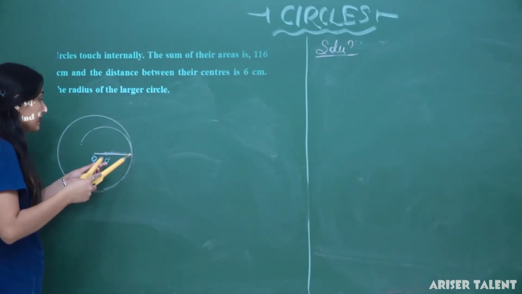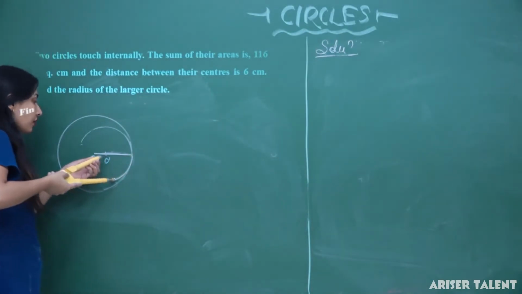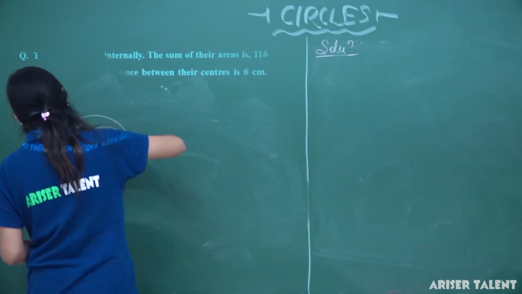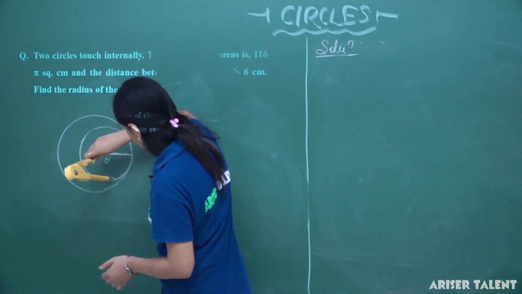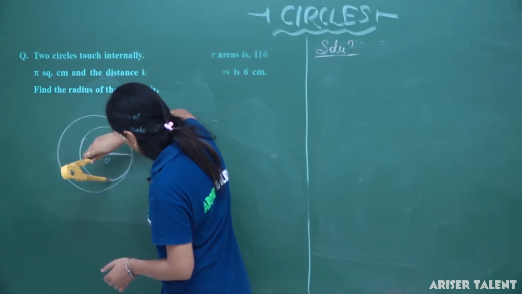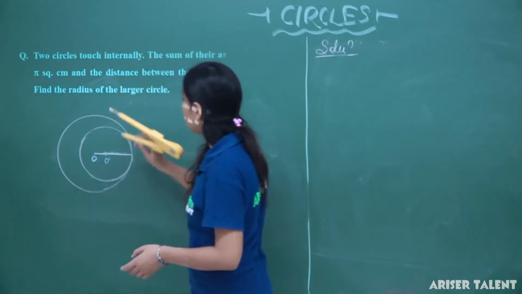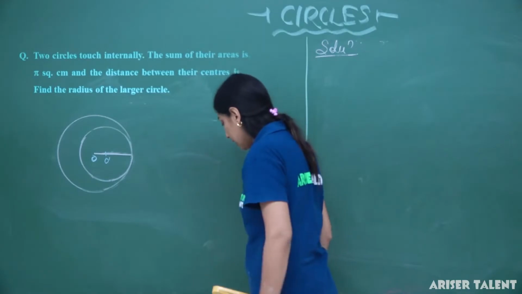So these circles are touching internally. Right. So these are two circles which are touching internally.